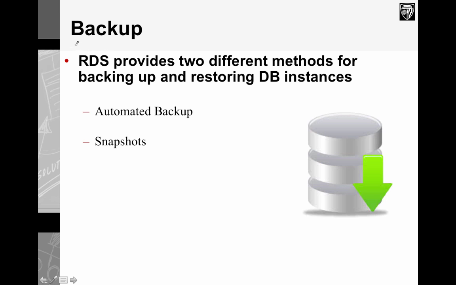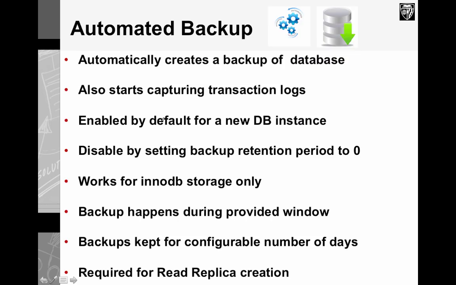There is also backup. Databases require backups, and RDS provides two different methods for backing up and restoring your database: automated backup and snapshots. Let's look at automated backup. When you create an instance, you have the opportunity to say that you want automated backup. In fact, by default, automated backup is turned on unless you explicitly turn it off.